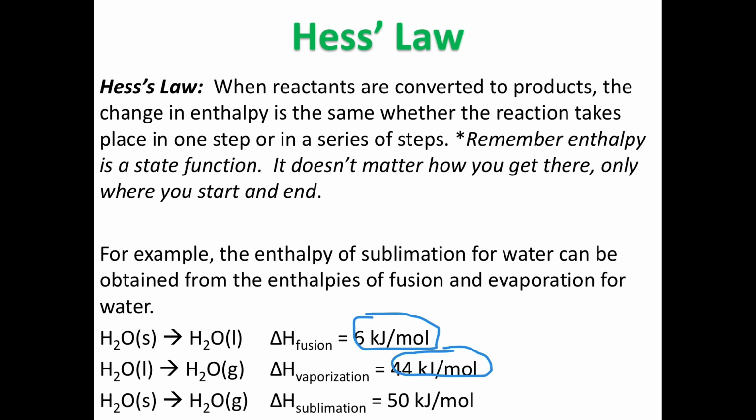Combining the two reactions and removing the liquid water from both reactant and product sides yields the chemical equation for the sublimation of water, that is, water going directly to gas from the solid state. The enthalpy of sublimation is the sum of the enthalpies of fusion and vaporization, which is 50 kilojoules per mole.